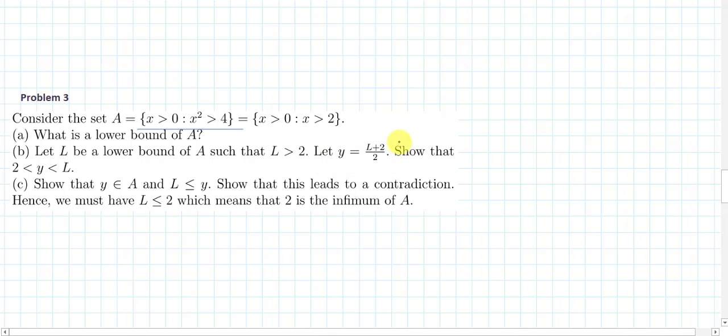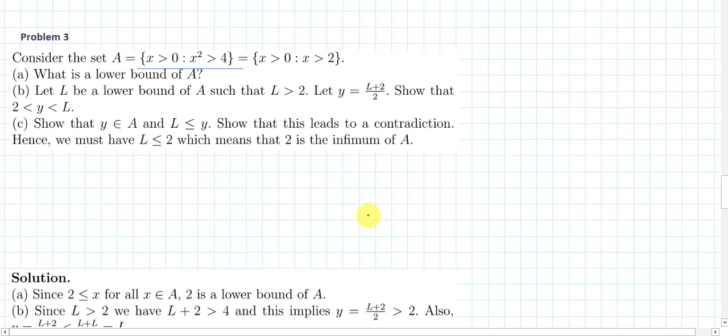Let Y be such that Y lies between 2 and L. In the next case, show that Y from A and L, which is less than or equal to Y, leads to a contradiction. Hence we must have L less than or equal to 2, which means that 2 is the infimum of A.